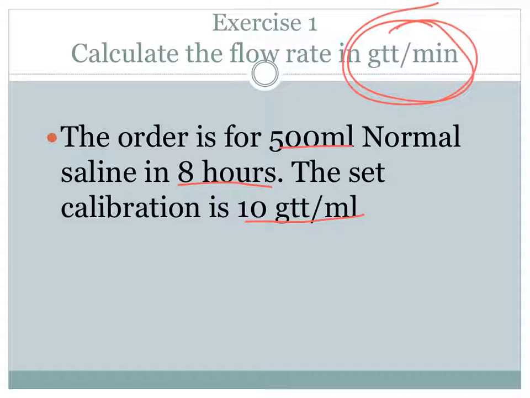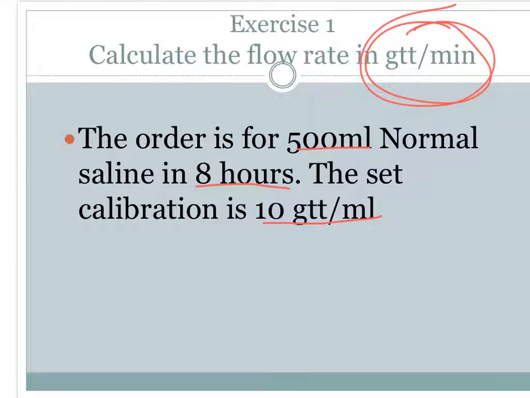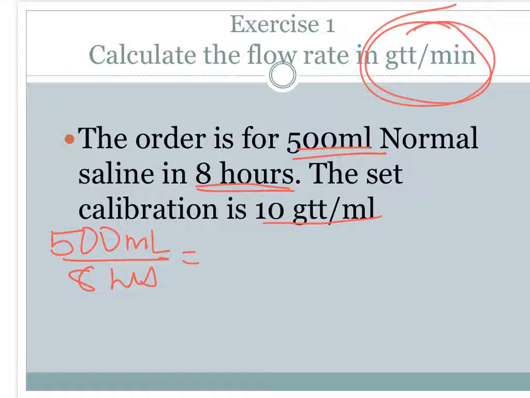Now, let's calculate this together. We want to take the 500 milliliters and divide it by 8 hours. So 500 milliliters divided by 8 hours is equal to 62.5 milliliters per hour, and I'm going to convert the hour and make it 60 minutes.